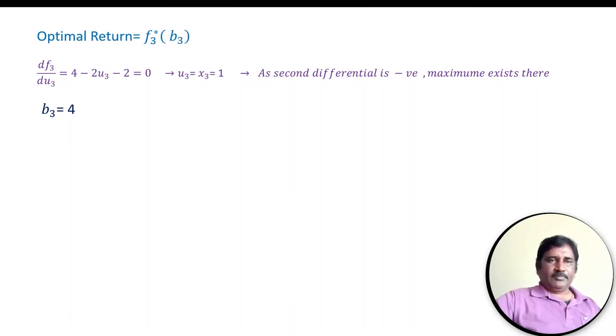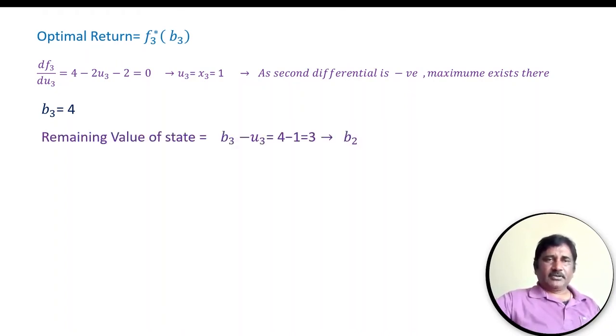So I am taking b3 equal to 4. Had I known that the best return can be obtained at some other value, I would be taking that value of state for further consideration, right?